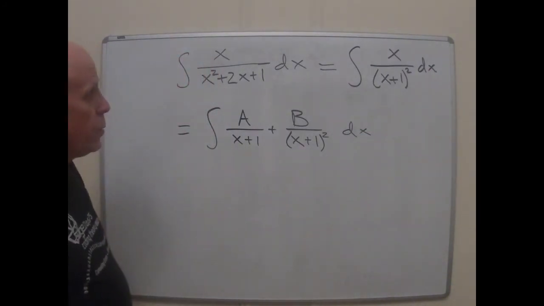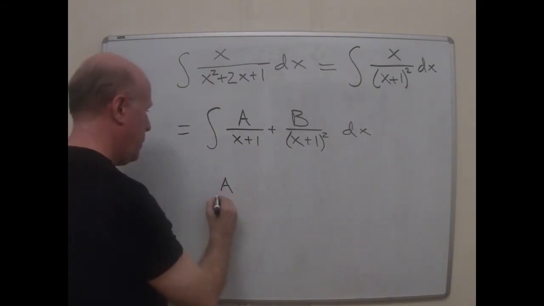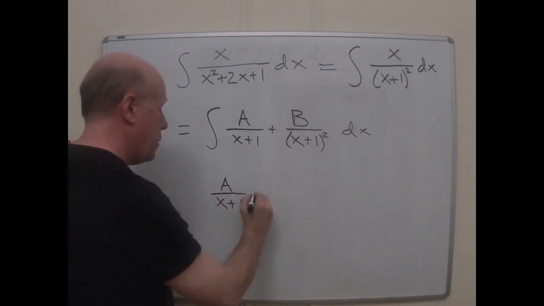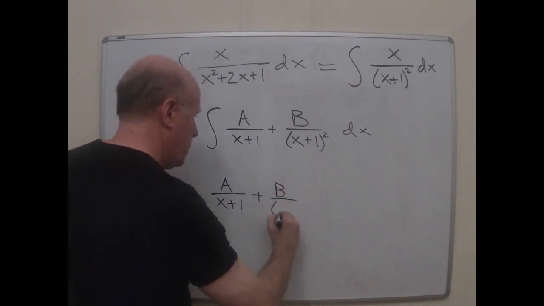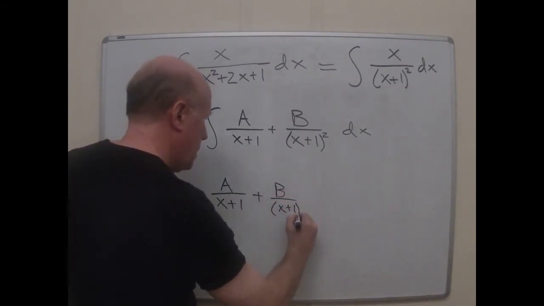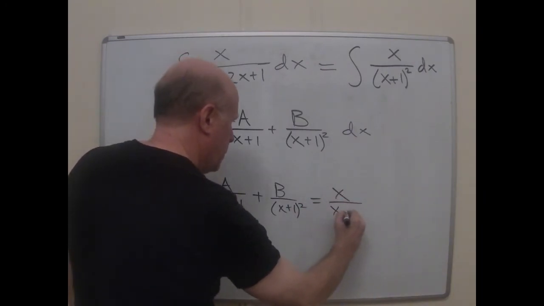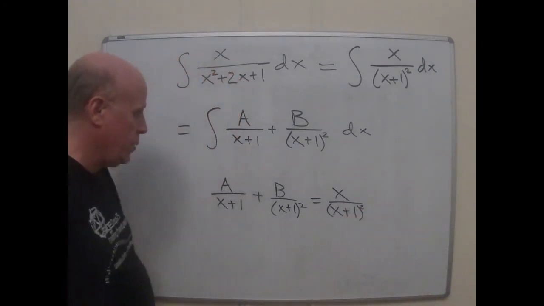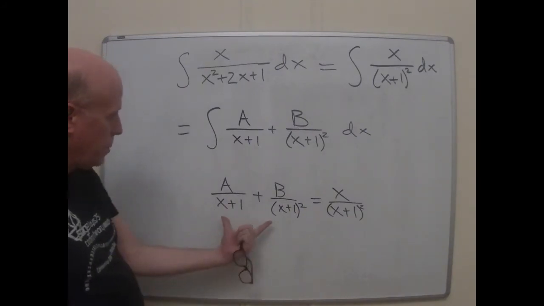Except we need to figure out what A and B are. So notice that we're looking for this equation to be true: A over (x plus 1) plus B over (x plus 1) squared is equal to x over (x plus 1) squared. That is, this is what we want to be true. We've got to use that to find what A and B are. This side can be combined nicely.